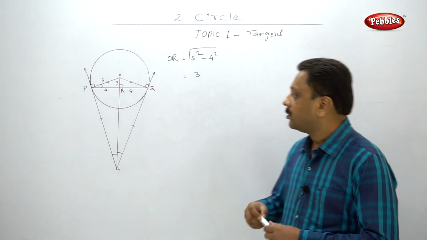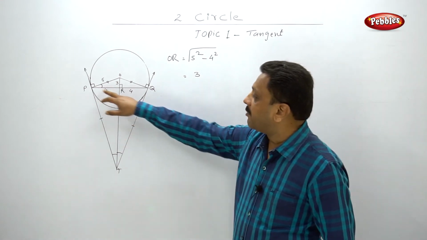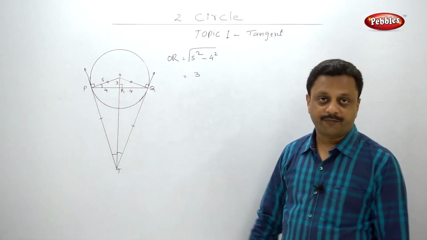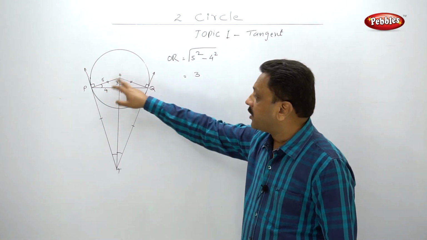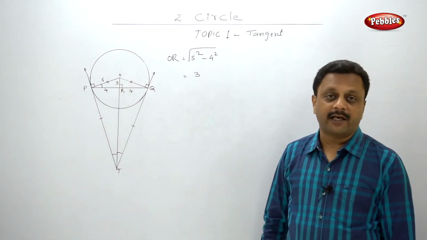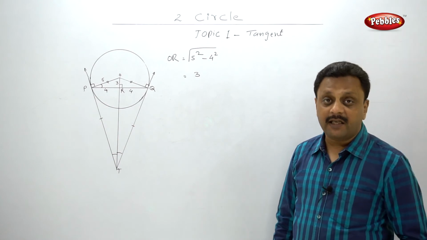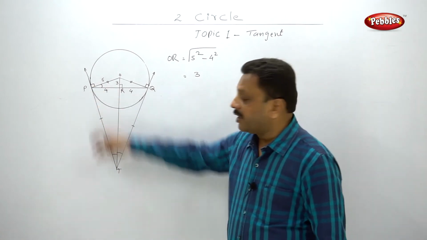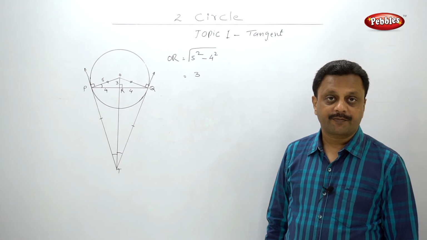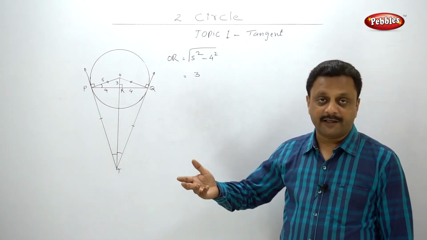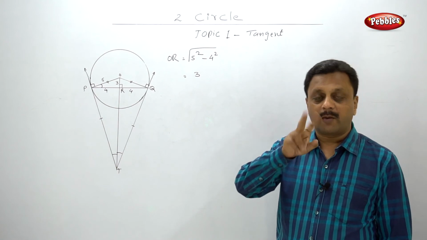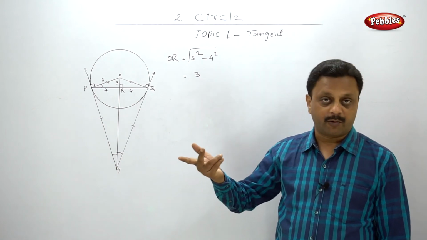Again I am telling you, we have the dimensions 5, 3, 4. So if we can prove this small triangle and this big triangle are similar, then we can easily find out PT by ratio. So how to prove similar triangles? We need at least two angles, so by the AA test, similarity can be proved.